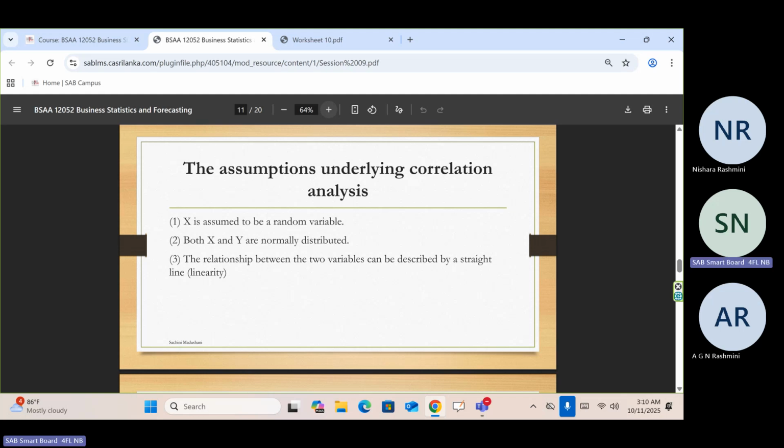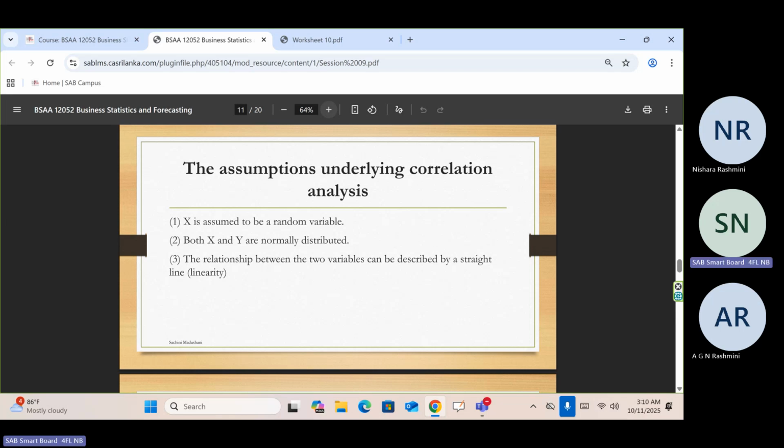How do we check whether there is a linear relationship without running the correlation analysis? Now you study. How? Here we can take the scatter plot diagram, then we can roughly identify if there is a linear relationship or not. If we check all three assumptions and all are okay, then we move into the correlation analysis.